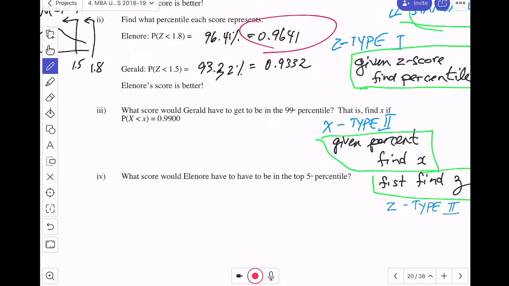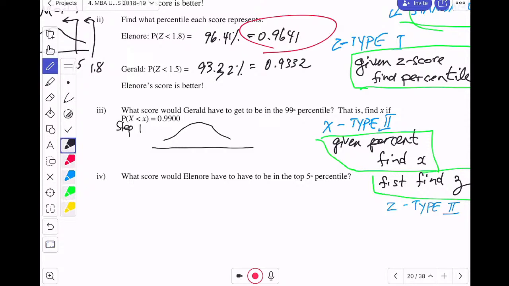Going from X to Z, all I'm doing is mapping values to how many standard deviations from the mean they are. They're really in the same position, just with different values on the bottom of the curve. So backward problems are done in 2 steps, and I'll show you how to draw this. You have to draw it first: the position where 99% of the observations are below this value.